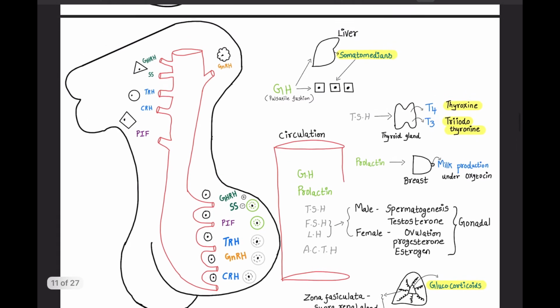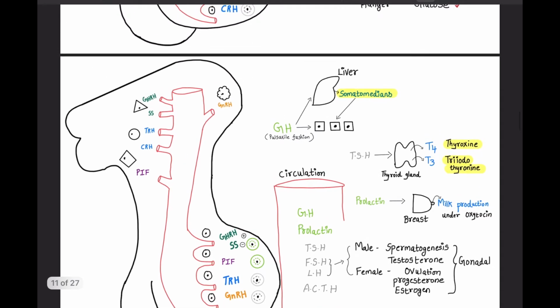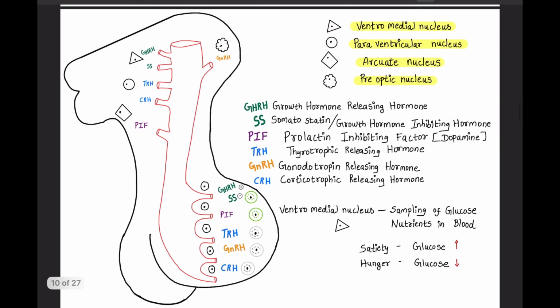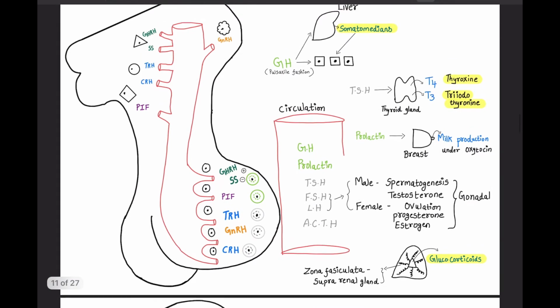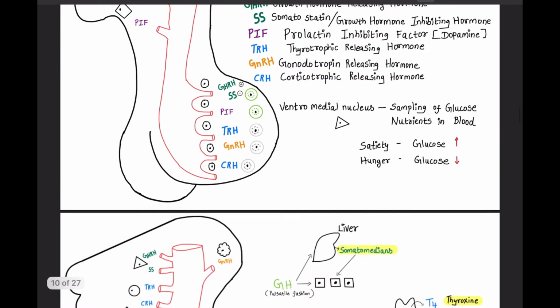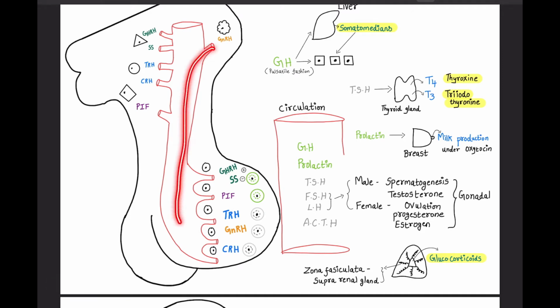So the acidophilic cells: the hormones, that is growth hormone releasing hormone and somatostatin, that is growth hormone inhibiting hormone, act on the acidophilic cells, and this prolactin inhibiting factor, that is dopamine, also acts on the acidophilic cells. Thyrotropic releasing hormone and corticotropic releasing hormone act on the basophilic cells, and gonadotrophin releasing hormone also acts on the basophilic cells.